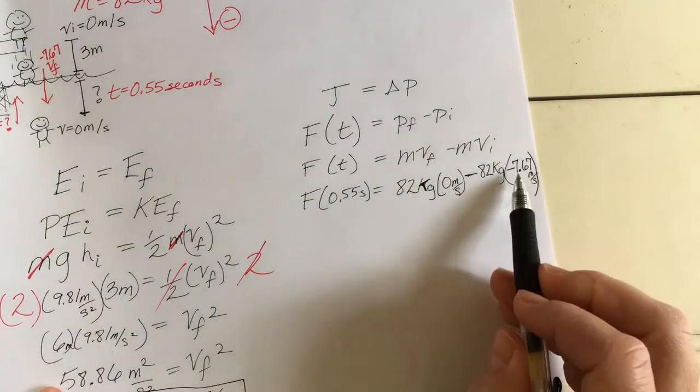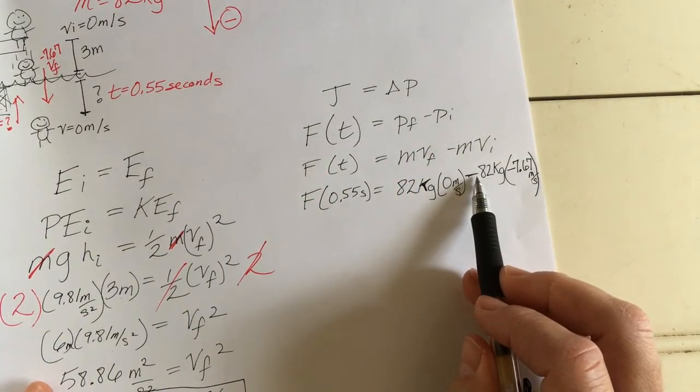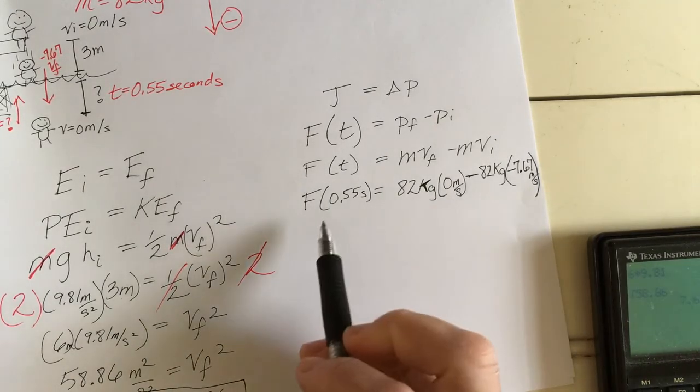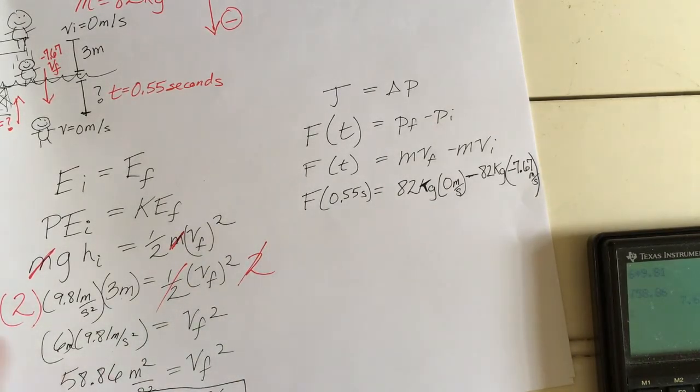Okay, so we have a negative times a negative, which gives us a positive, and that's really important because we were looking for a positive force. We thought it would be an upwards force from the water.